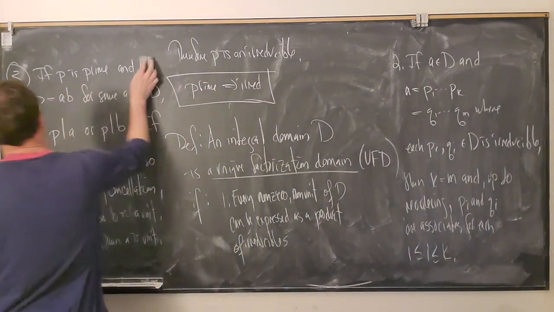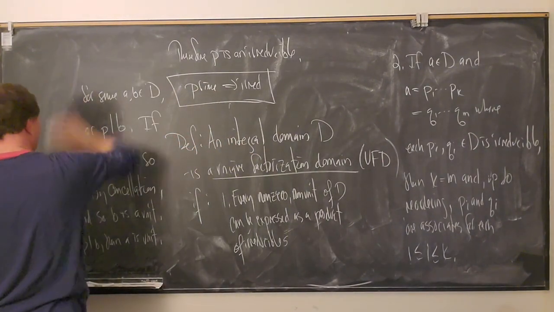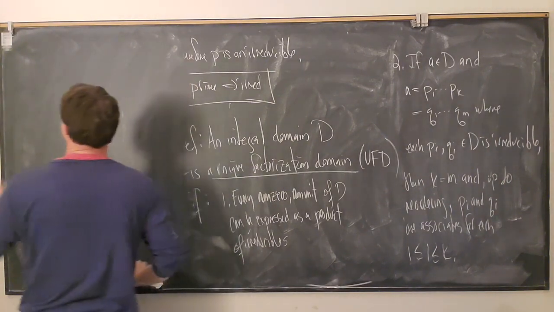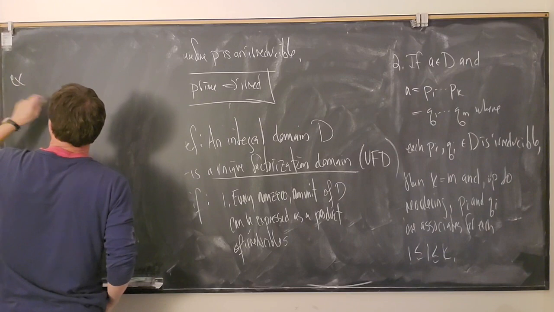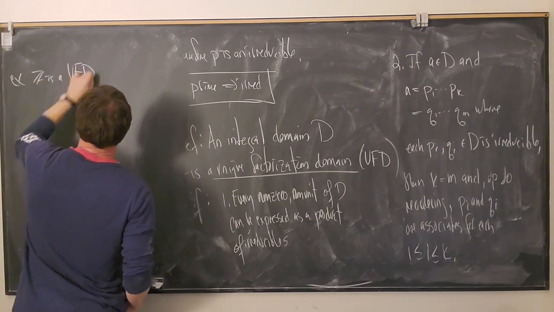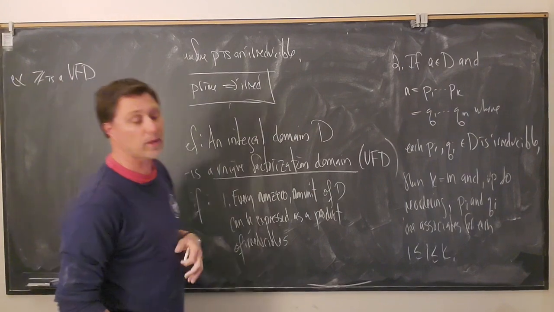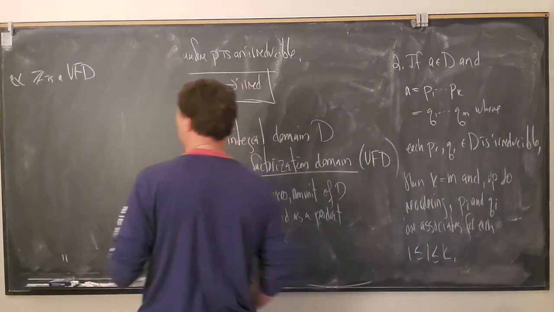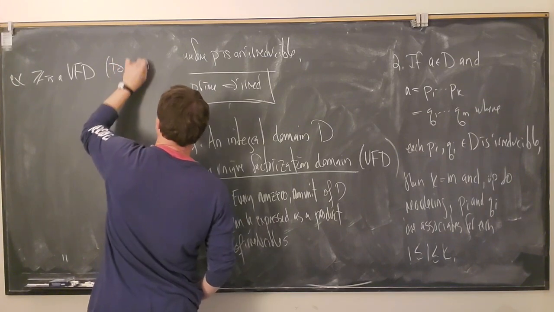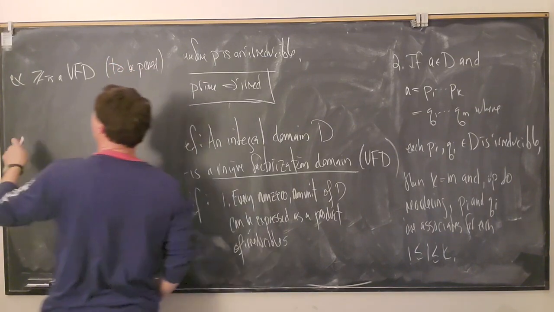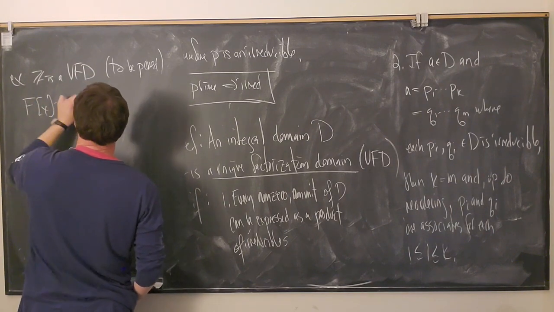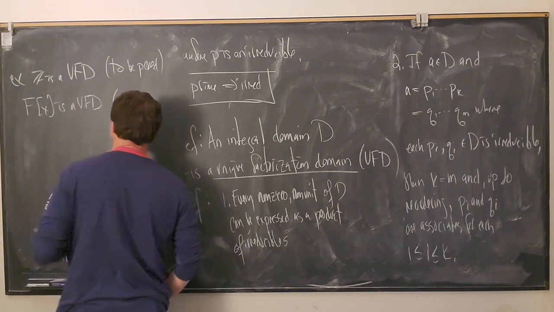Let's end with a couple of examples here. There's a lot of terminology that we had to build up. So first example, Z is a UFD. We don't know this yet, right? We've heard the fundamental theorem of arithmetic, but this is still to be proved. F bracket X is a UFD, and this is what theorem?